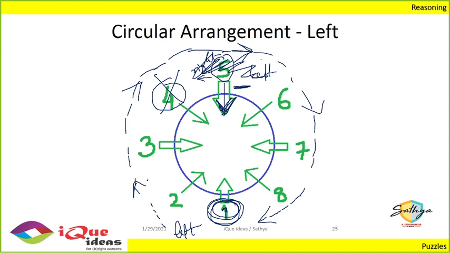Did everybody follow me so far? The biggest mistake is left and right. So to avoid that mistake, always place the first person at the bottom. Because it's a circle, it won't make a difference. Ultimately, you can rotate it. So the best position to start placing people in a circle is always the bottom.